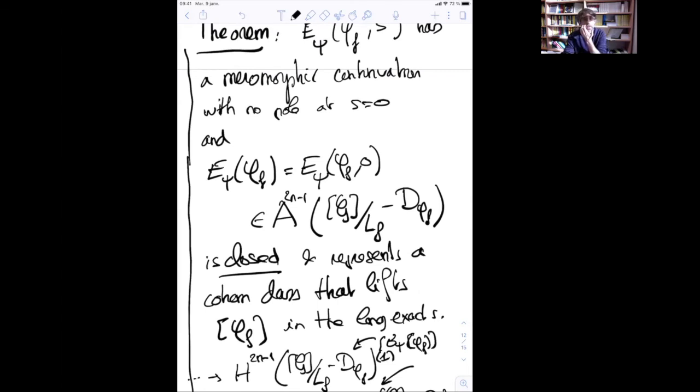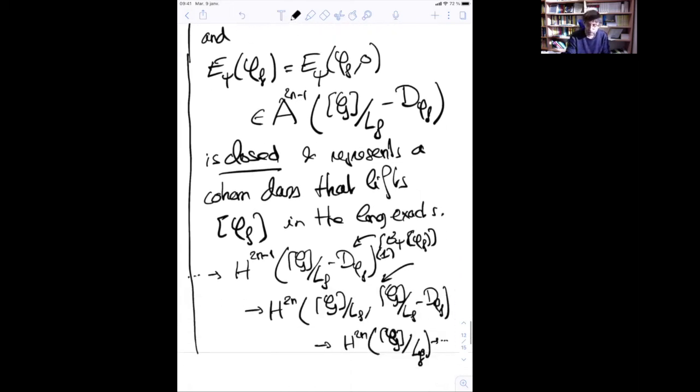I should say one thing, that all this works well in the trigonometric setting, C^n mod Z^n, but in the elliptic setting, there is something that should be added, and that is that this works only if the Fourier transform of phi_f vanishes at 0. This is needed to be able to have really a closed form.